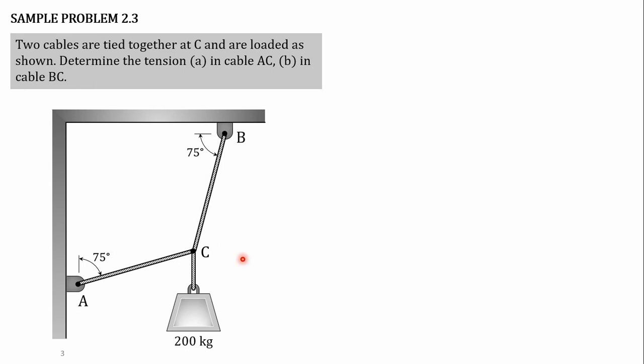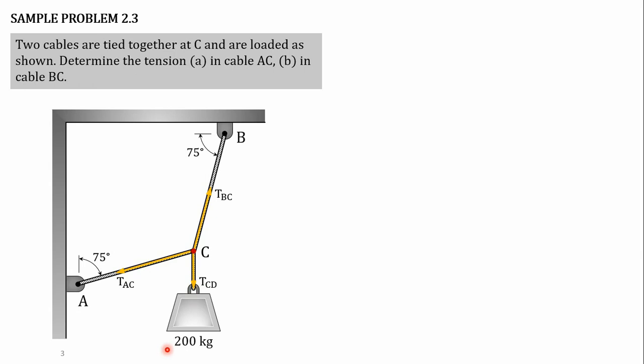If we can isolate point C and draw the free body diagram of point C, meaning we draw all the forces that act on point C. And then, this is our tension BC, this is our tension AC, and this is our tension CD. Tawagin lang natin yung point na to na point D.